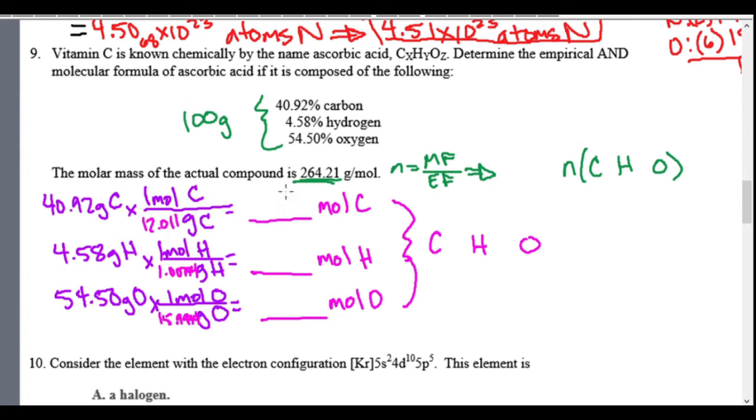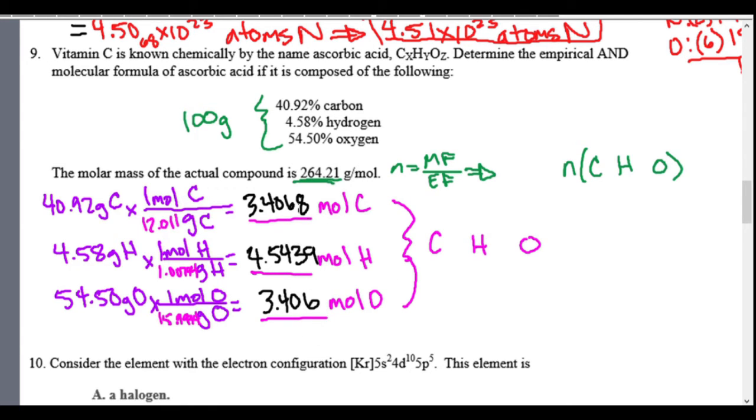When you do this one, you should get this. The more numbers you can keep, the better. I recommend using the storage in your calculator and storing each of these numbers until you have the right one.